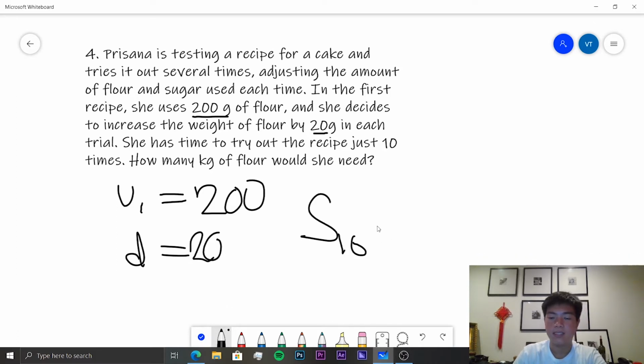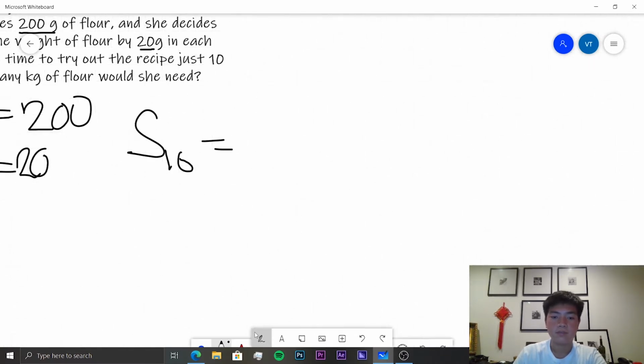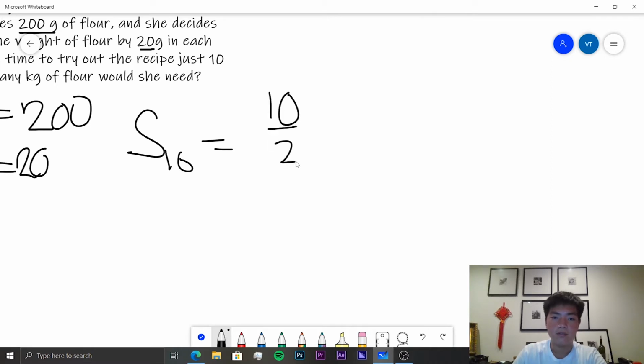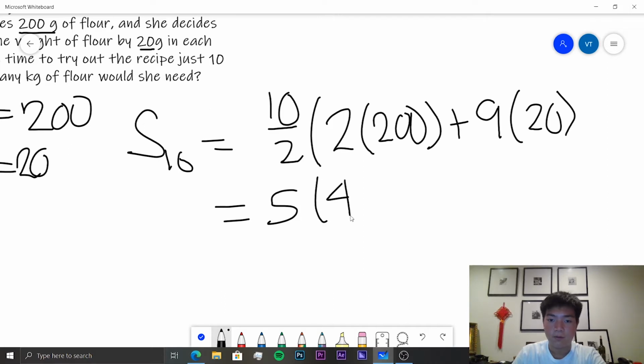The sum will be equal to 10 divided by 2 times 2 times the first term, 200, plus n minus 1, which is 9 in this case, times d, which is 20. So this is equal to 5 times 400 plus 180.